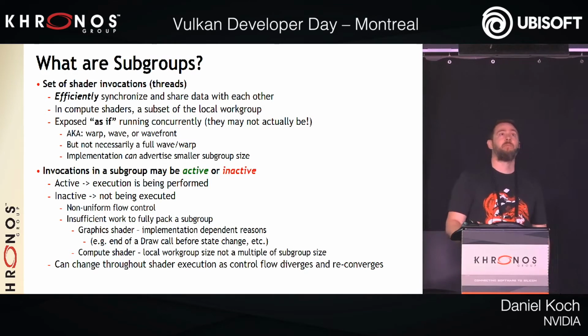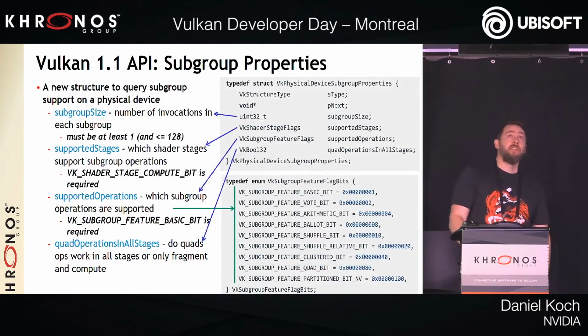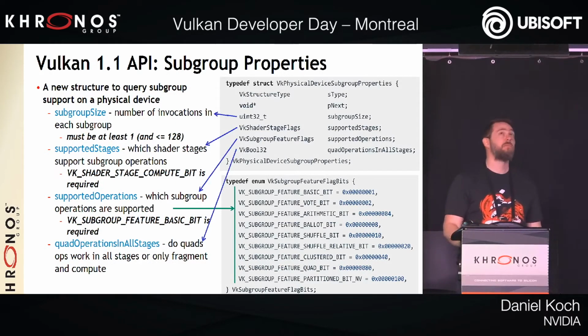Another case is in compute shaders, if your local workgroup size isn't a multiple of the subgroup size, there are going to be some inactive invocations. You need to keep in mind that these can change through the shader as you execute through the code, based on the flow control as it converges or diverges and possibly reconverges. In Vulkan, there are a number of properties that you can query about that. First, there's the subgroup size.